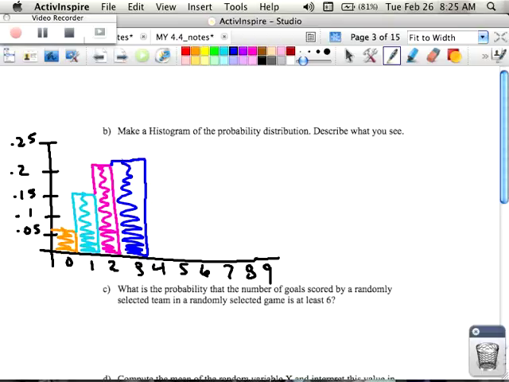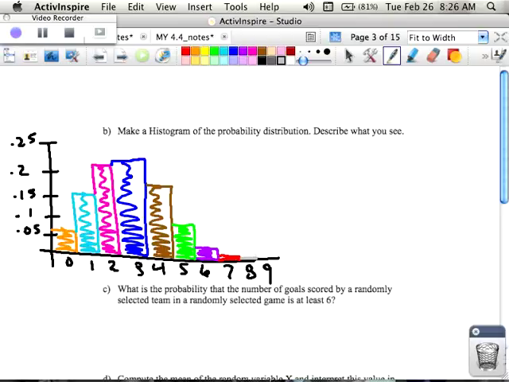Four goals, 0.173. Five goals, 0.094. Six goals, 0.041. Seven goals, 0.015. Oh, no. Eight goals, 0.004.